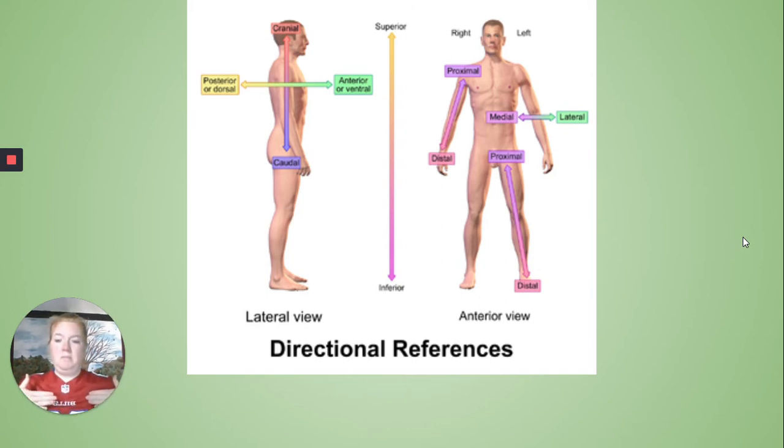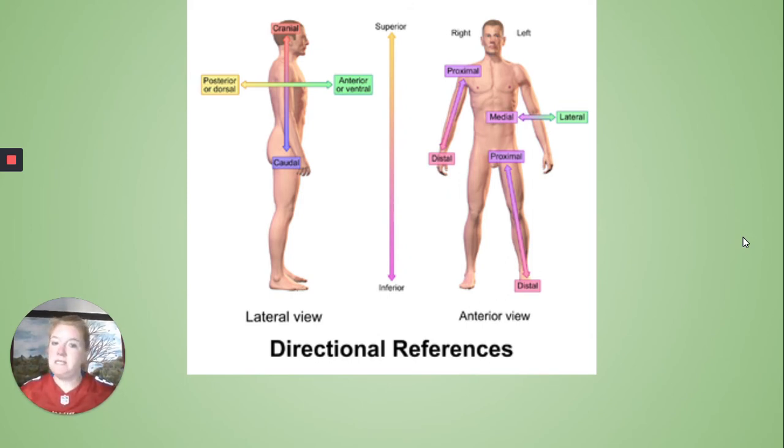And medial means that it's going to be closer to that midline. Lateral, meaning it is further away from that midline. So my nose is medial to my eyes, closer to the midline. My ears are lateral to my nose, further away from the midline.